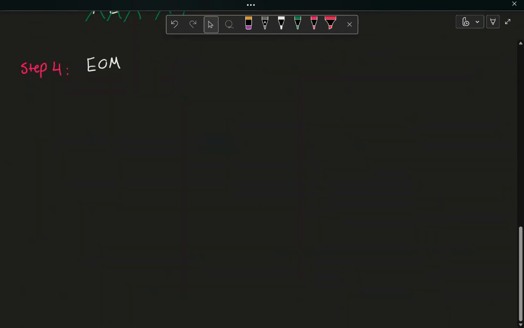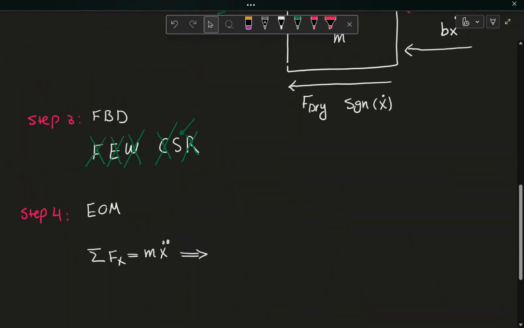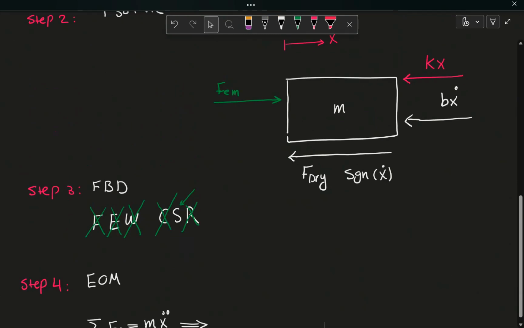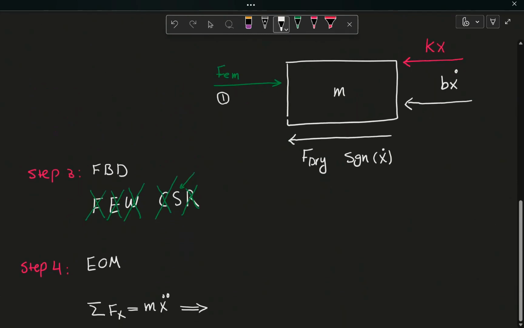In the equations of motion, I would write down Newton's second law along the x-axis. Okay. Let's go back to our free body diagram. How many forces do you see here? 1, 2, 3, and 4.